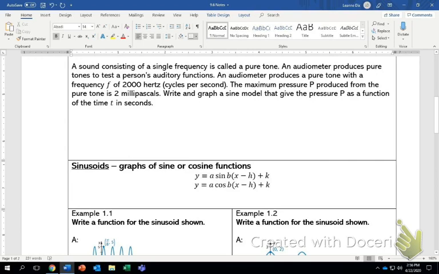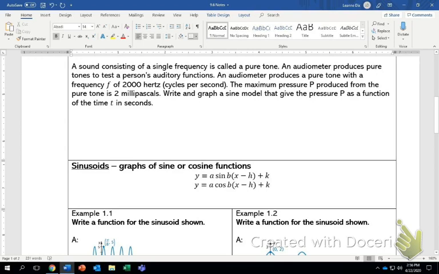An audiometer produces a pure tone with a frequency of 2,000 hertz, which is just cycles per second. It's the standard unit for sound and wavelengths. The maximum pressure P produced from the pure tone is 2 millipascals. Write and graph a sine model that gives the pressure P as a function of the time t in seconds.